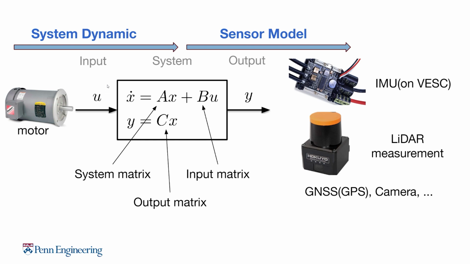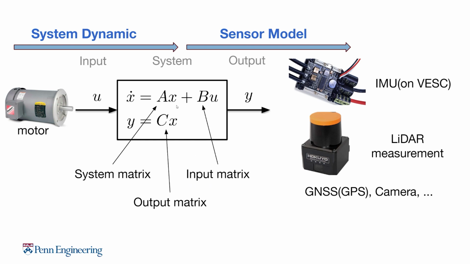However, last week we were primarily focusing on the forward path of this system. That means if we have the control input, in our case given by the torque of the motor, which gives us the acceleration and then the speed of the car, how can we get the state of the system by the system matrix and the input matrix?